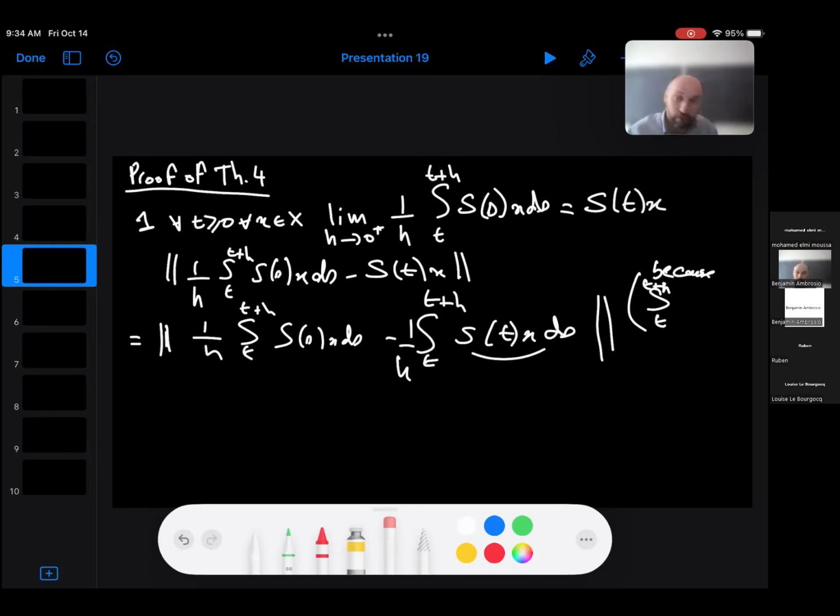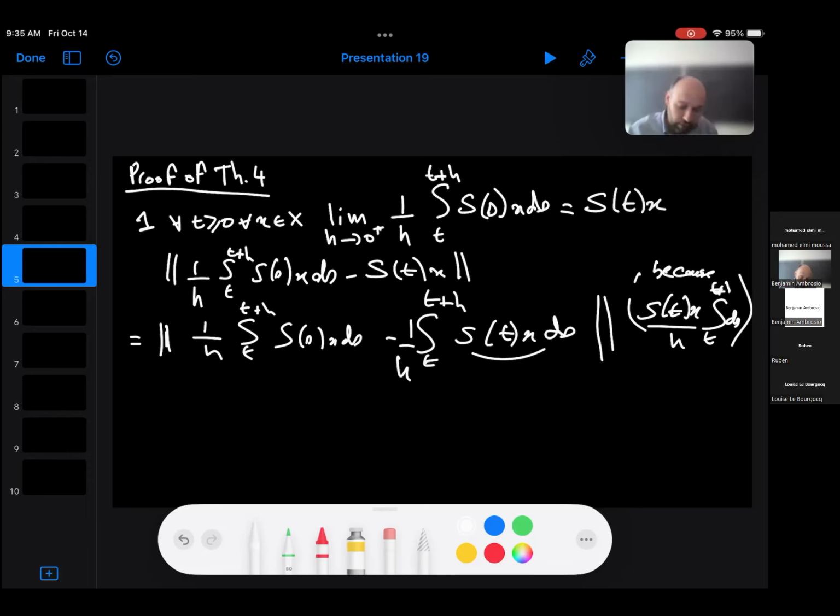So S(t)x is a constant times ds. So I can take out the S(t)x, and then this will be equal to S(t)x divided by h times the integral between t and t plus h of ds.